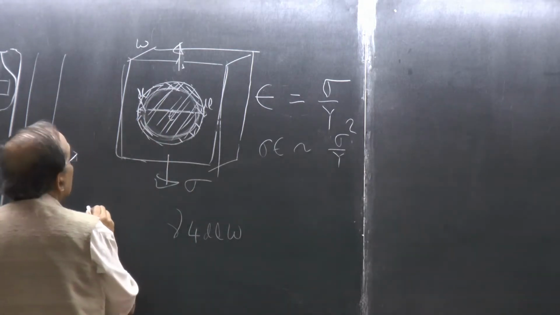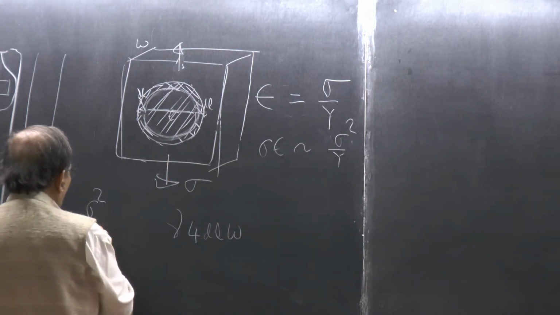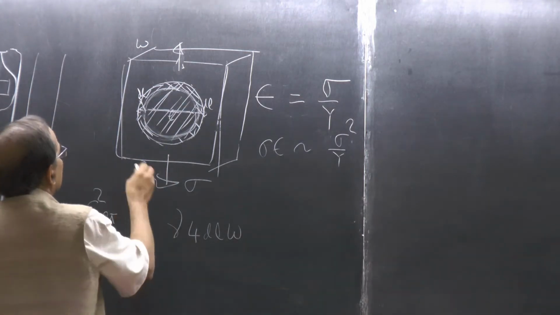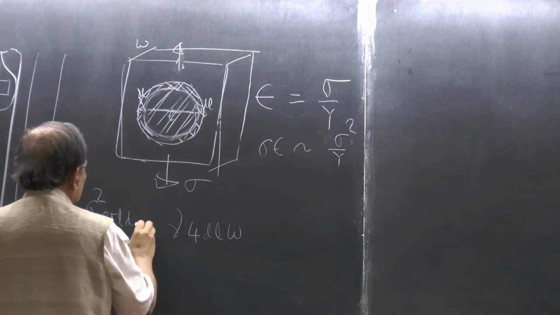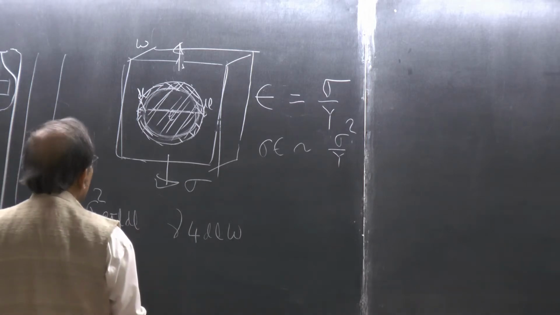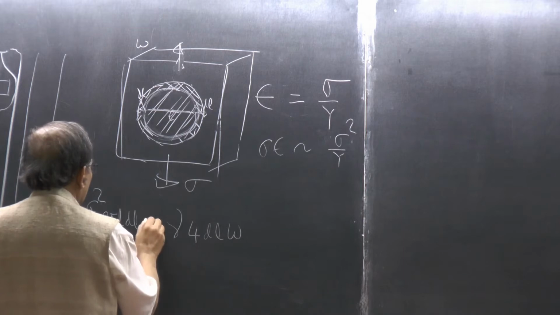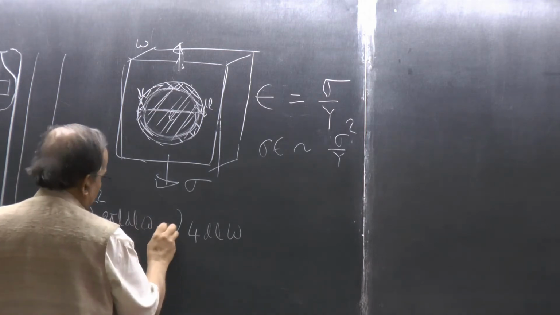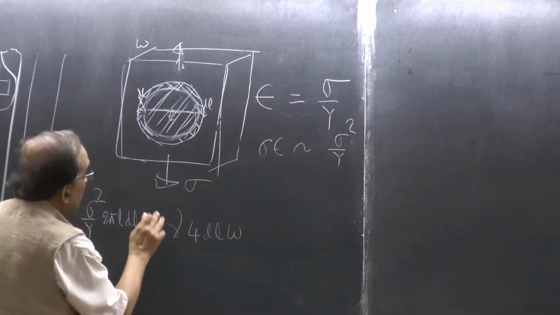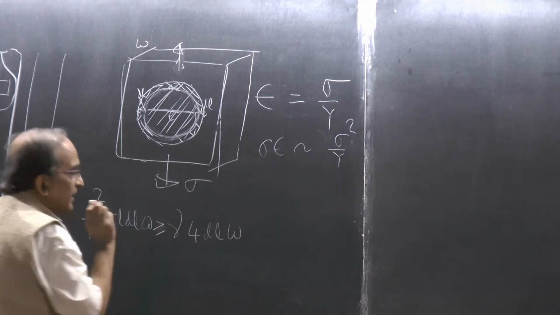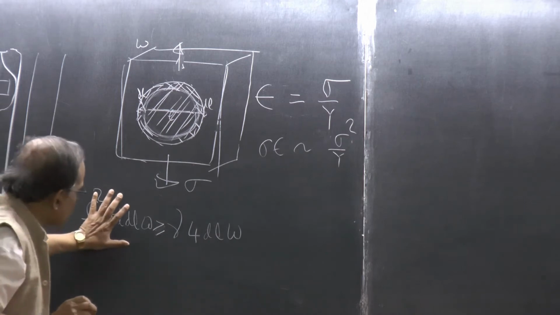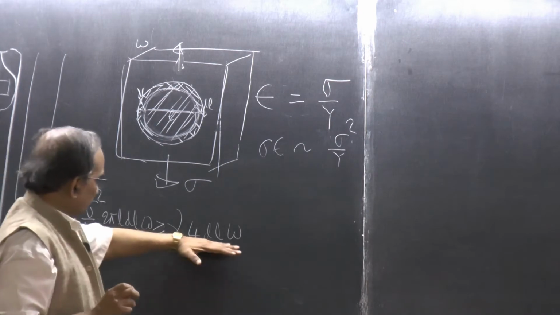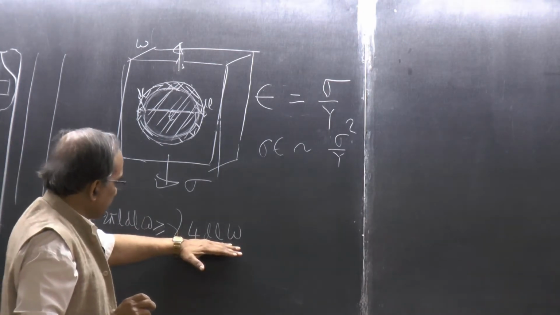So that is sigma square by Y into some 2 pi L dl into width. This loss of elastic energy must be at least sufficient to provide this surface energy.